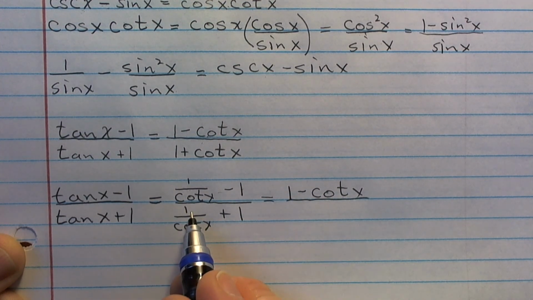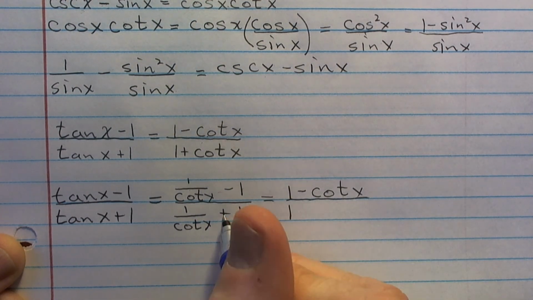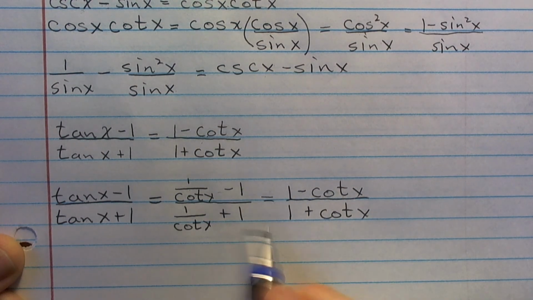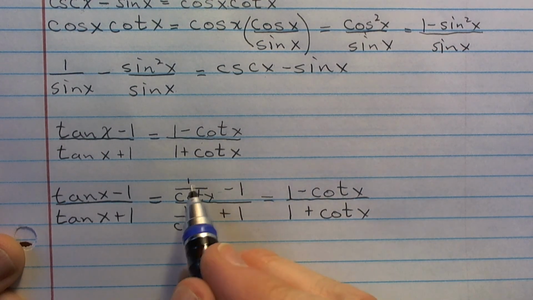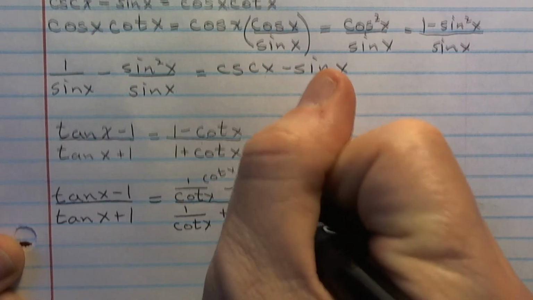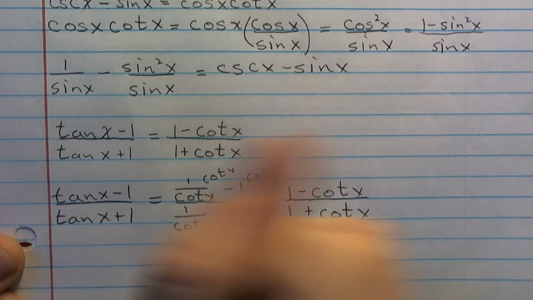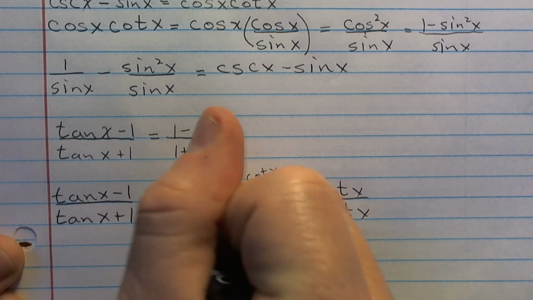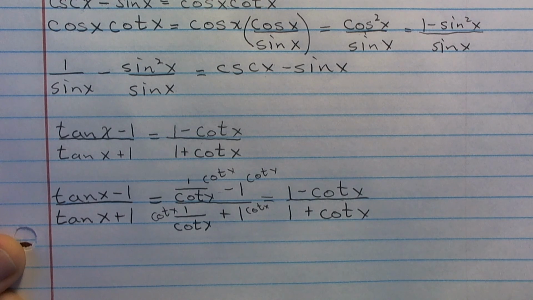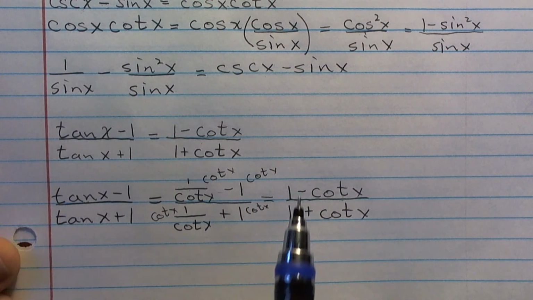Cotangent x times 1 over cotangent. Well, that's just 1 plus cotangent x. Just to save space, I didn't show my work here, but I multiplied by cotangent x, cotangent x, cotangent x, and cotangent x. And I got to that point, and that's what I wanted to show.